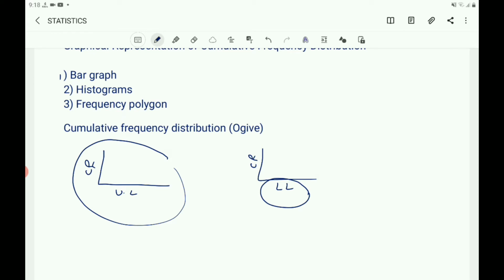The graph so obtained is called the cumulative frequency curve or Ogive. Depending upon the upper limit and lower limit, the graphs are called less than Ogive and more than Ogive.